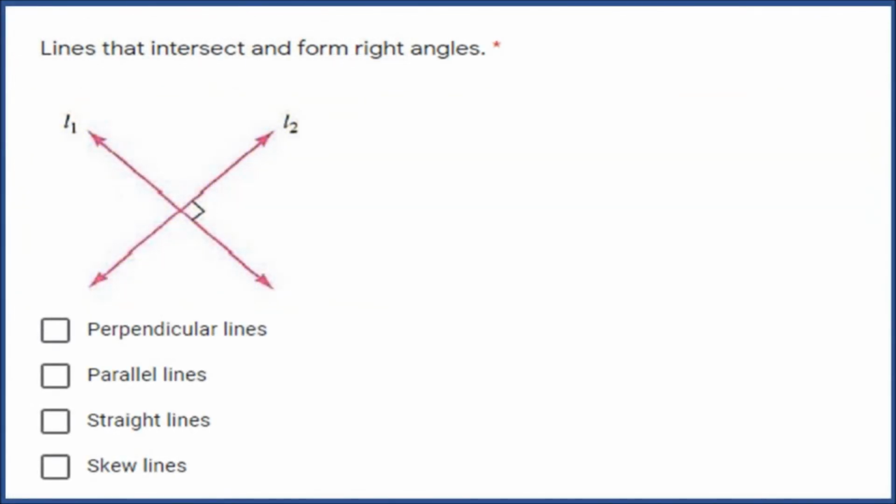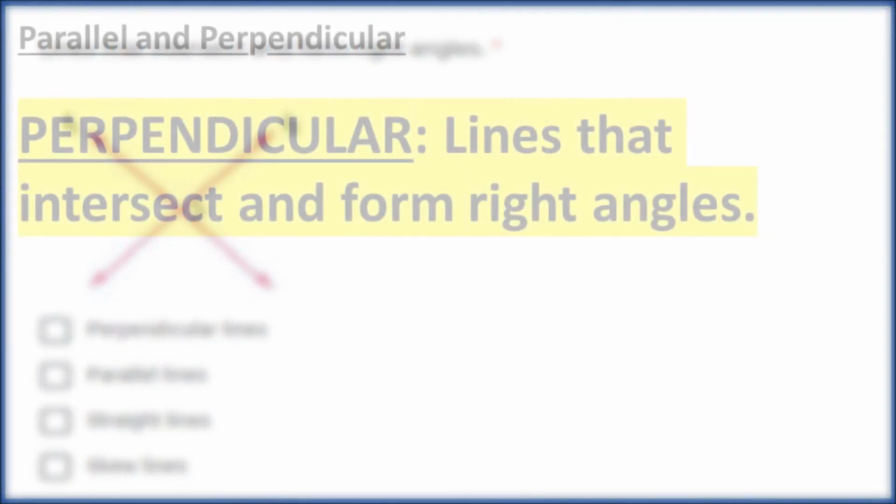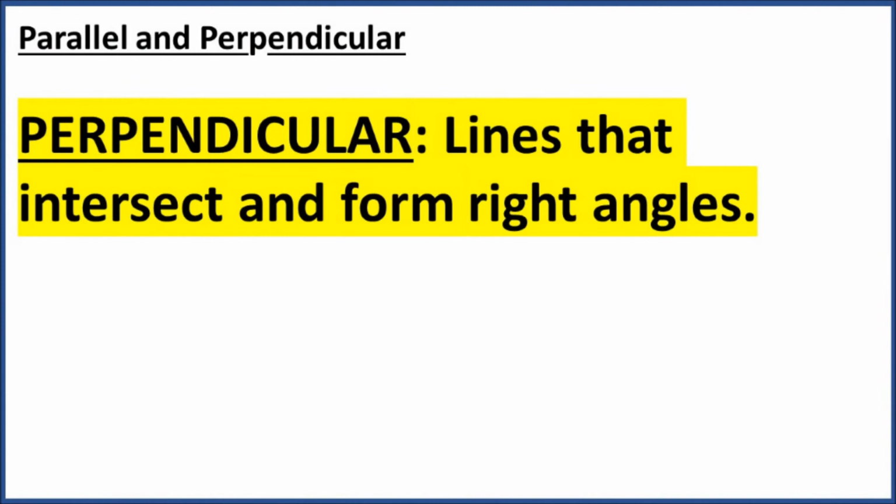Next question. Lines that intersect and form right angles. Perpendicular lines, parallel lines, straight lines, or skew lines. The answer to this, perpendicular lines. Lines that intersect and form right angles.